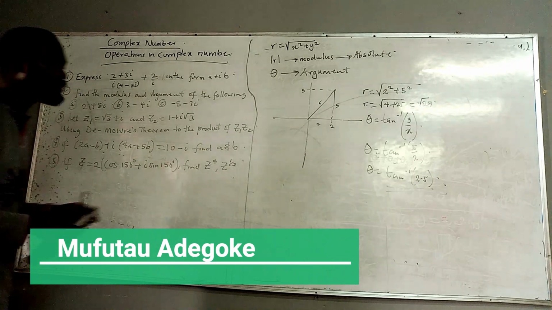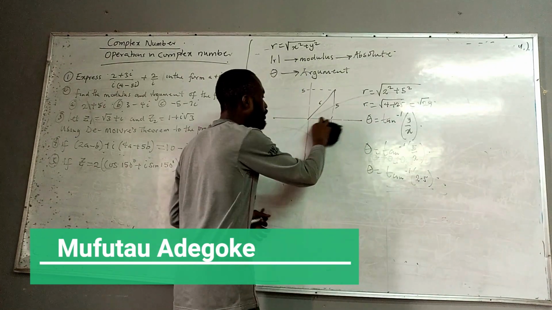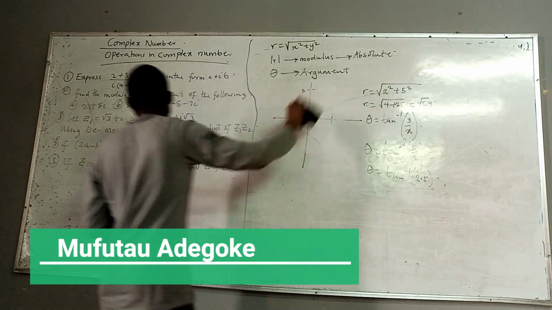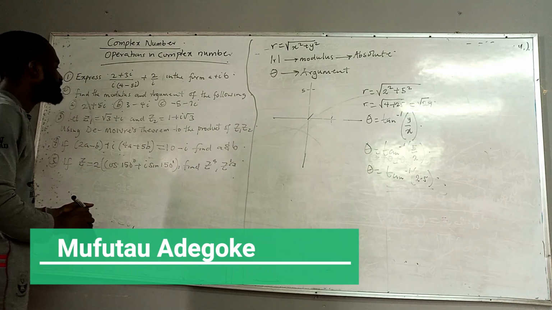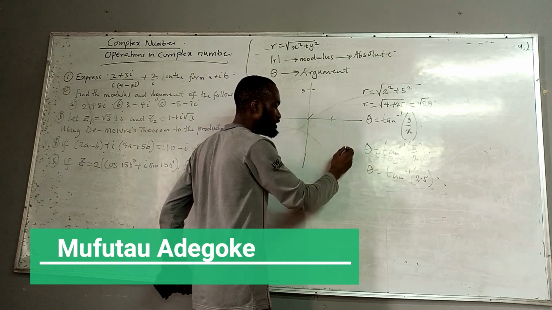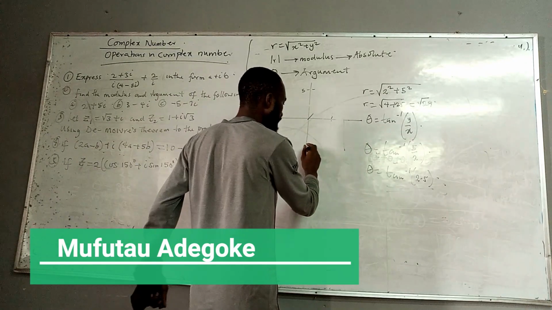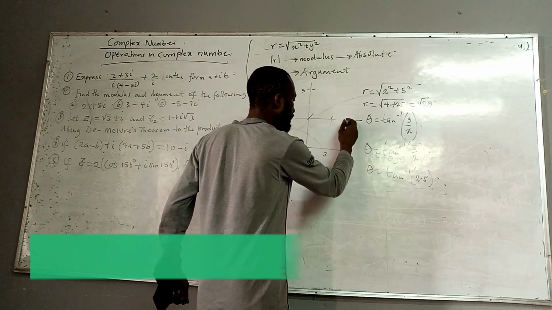You can try the other one. 3 and minus 4. It means it's not going to fall inside this. 3 and minus 4 will fall where? My 3 is positive and minus 4 is negative. Then it means it's going to fall around here.